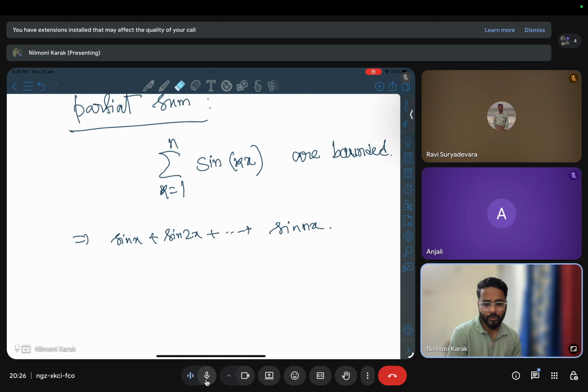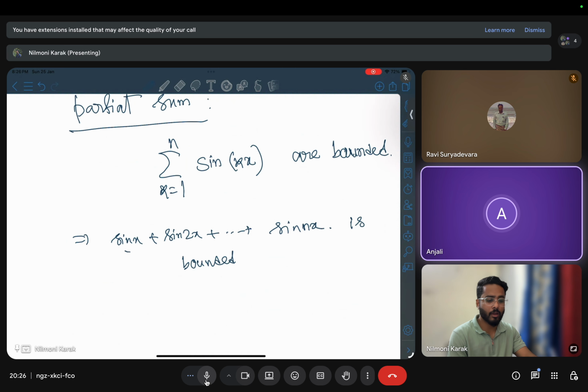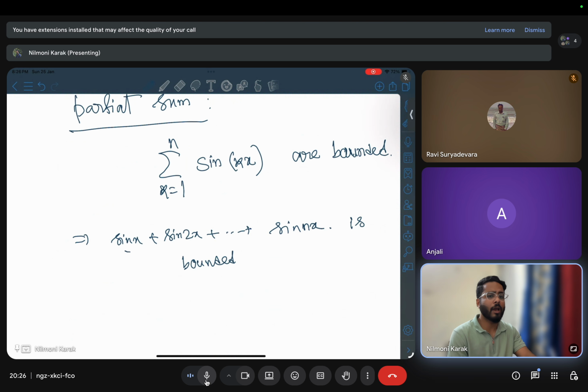So it is bounded. I think in the lecture videos you have seen this type of series, right? In the Dirichlet kernel, this type of series with cos x, cos 2x was there. Same thing.